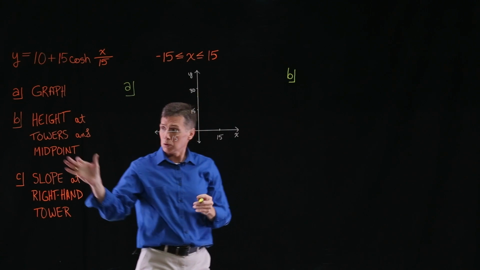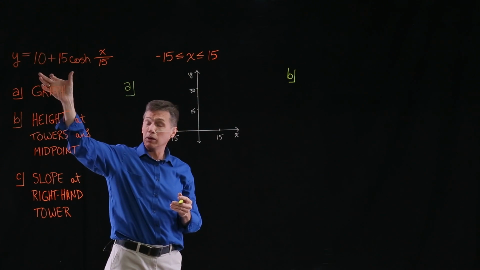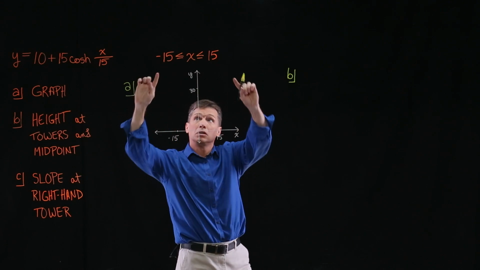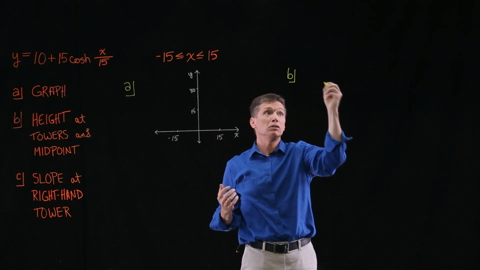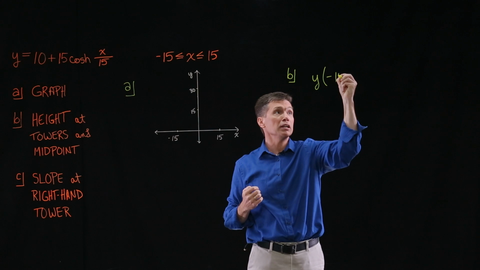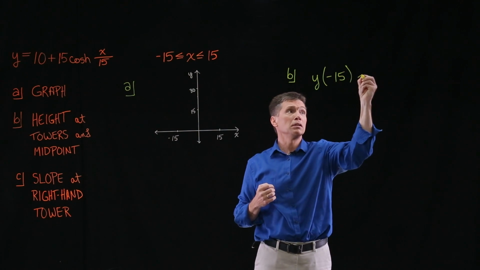For part B, we're just looking for the actual height of the cable, and that's exactly what this equation gives me. Okay, so at the two different towers, we'd have one at -15 and one at +15. All I need to do is to find the y value at each of those x values. So y of -15.